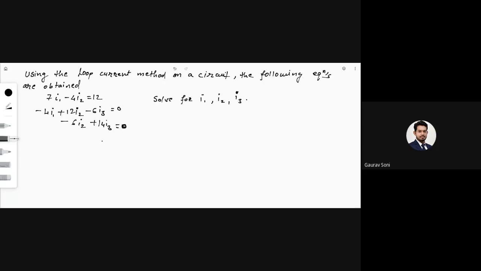The solution is I1 is equal to 396 divided by 175, I2 is equal to 24 by 25 and I3 is equal to 72 by 175.